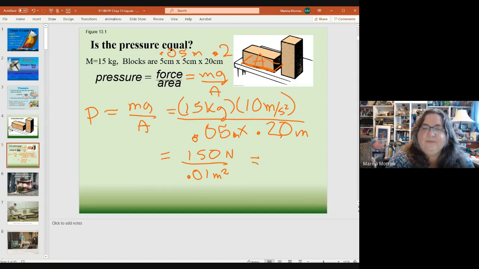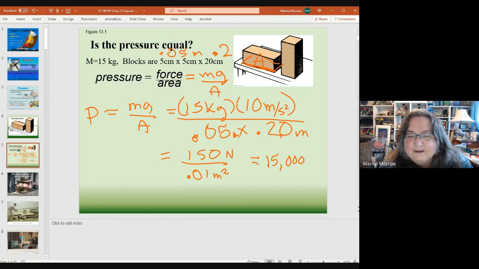So that's going to be pretty large, right? So 150 divided by 0.01 is going to equal 15,000 pascals, right? Newtons per meter squared.